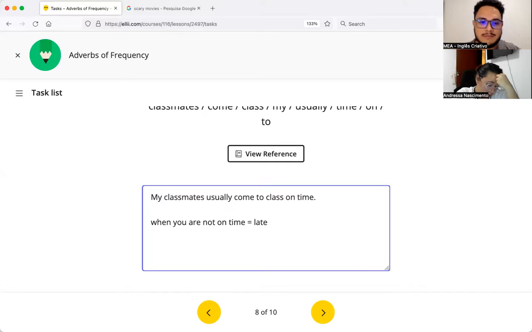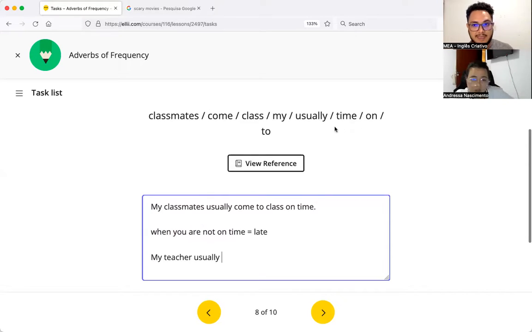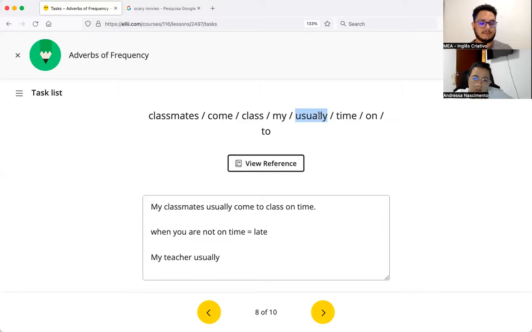My teacher always. Usually, you have to use usually. Achei que eu podia mudar. No, to do the sentence, it's the same adverb of frequency. Usually.